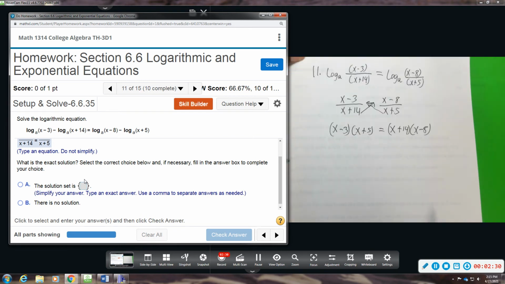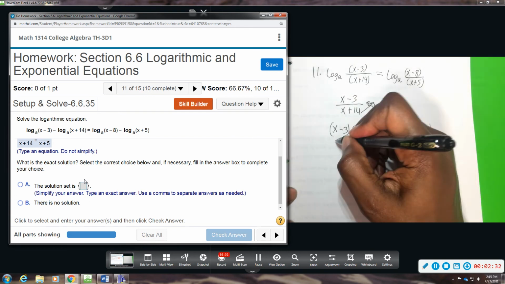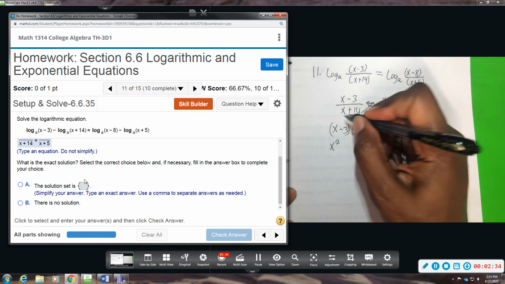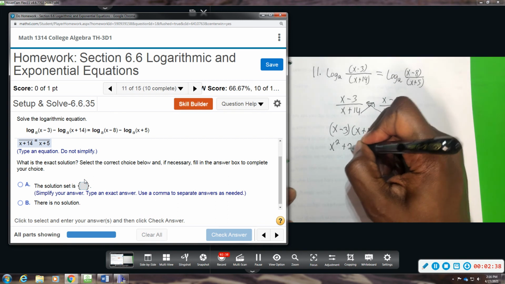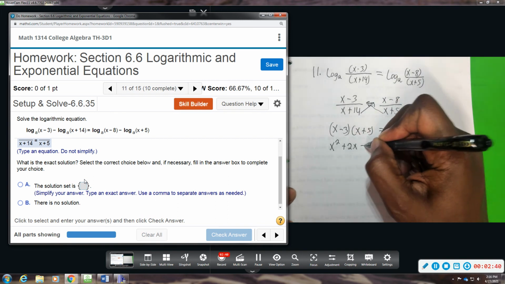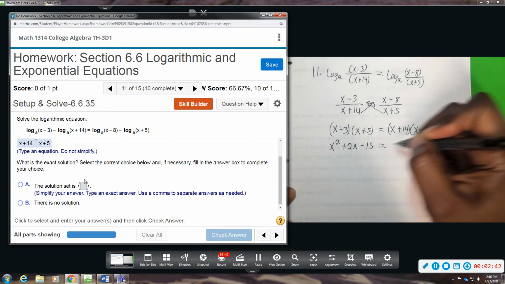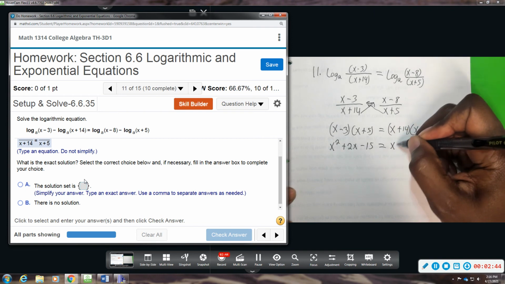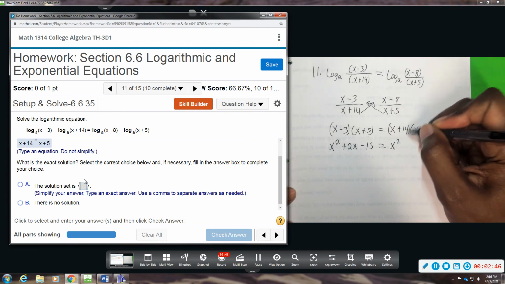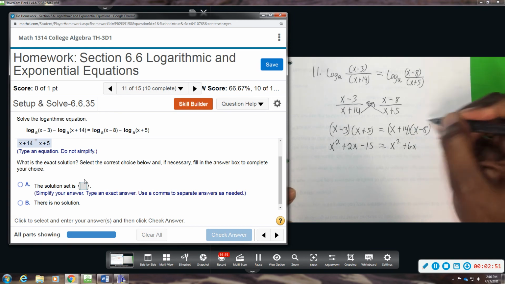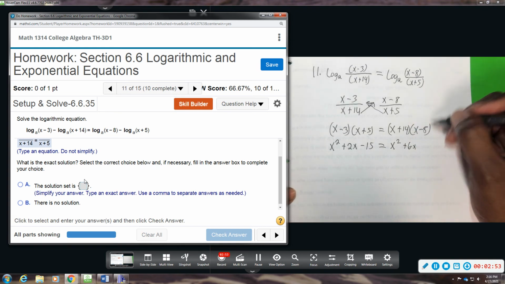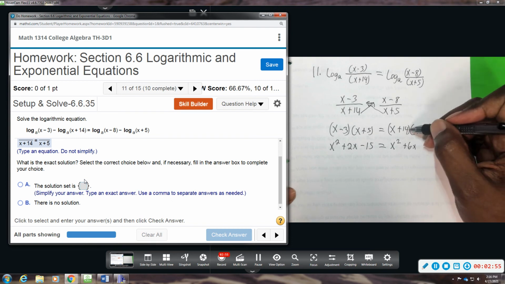All right, so we got a FOIL. So this will give us x squared plus 5 minus 3, so that'd be a positive 2x minus 15 equals x squared minus 8 plus 14 will give us a positive 6x, and 14 times 8, that'd be 80 plus 32.